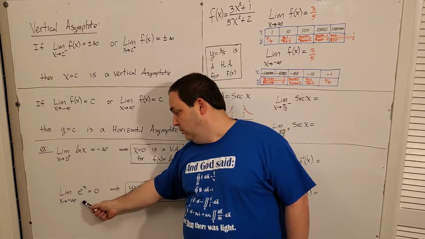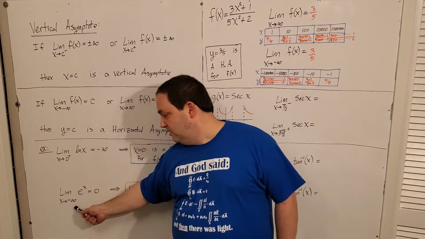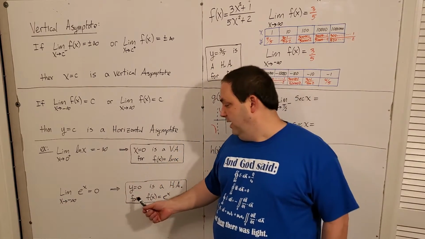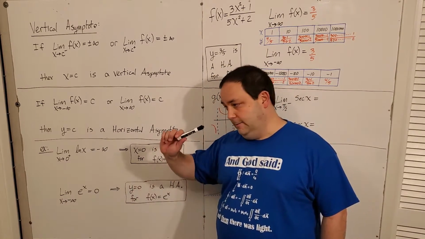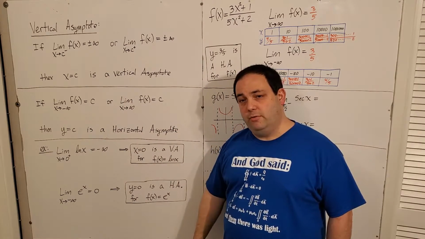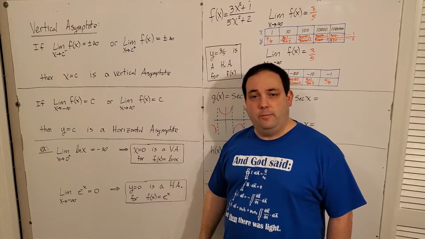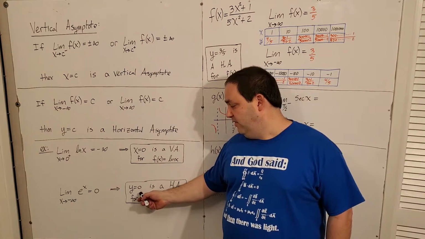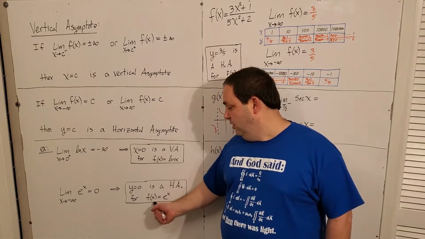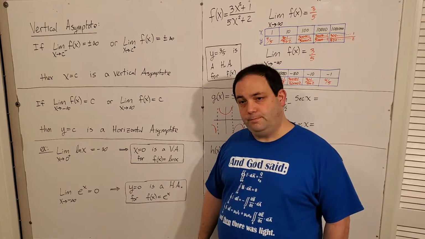For example, the one we saw here, limit as x goes to negative infinity of e to the x, is only on the left-hand side. It's only on that negative infinity portion of the graph because e to the x on the other side is unbounded. Okay? Still, y equals 0 is a horizontal asymptote for this function. Okay?